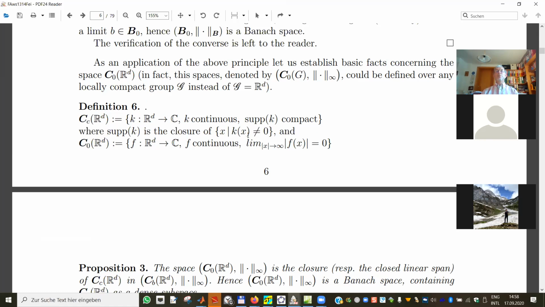So for a mathematical modeling of computer tomography, you have a function with compact support, and the support is actually the material, the skin and the bones and so on, which are absorbing these X-rays.